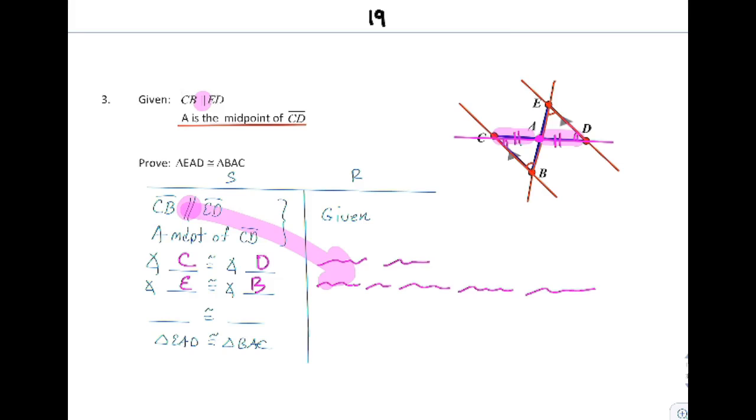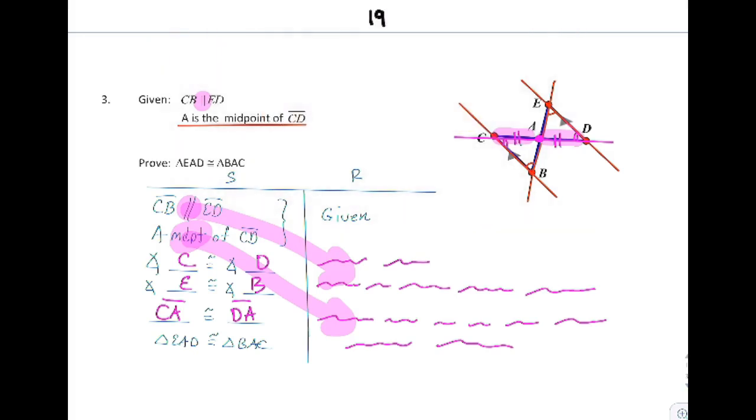And because of the midpoint, I can say that CA and DA are congruent because a midpoint divides a segment into two congruent segments.